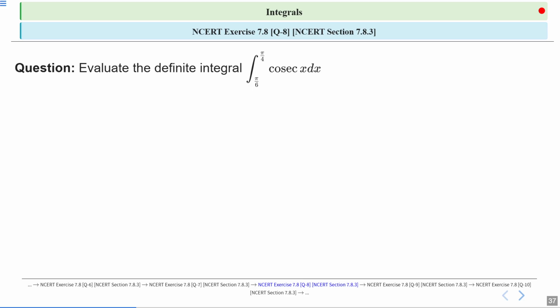Question number 8 is to evaluate the definite integral from pi by 6 to pi by 4 of cosec x dx. If you know the integration of cosec x dx, you can easily calculate. Okay, try.